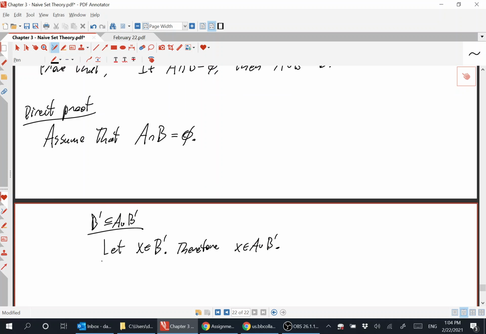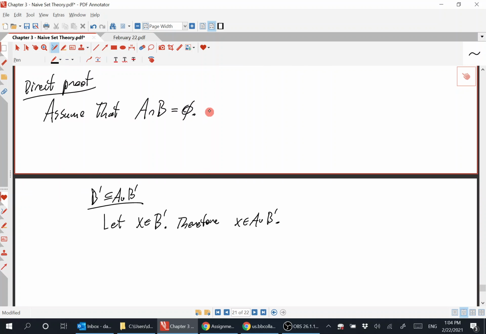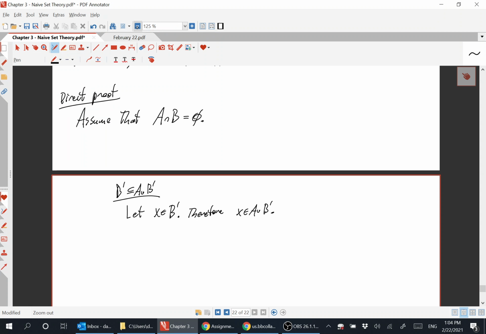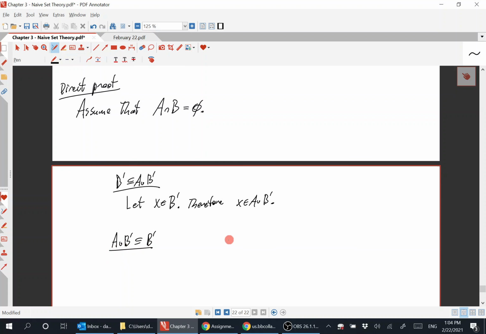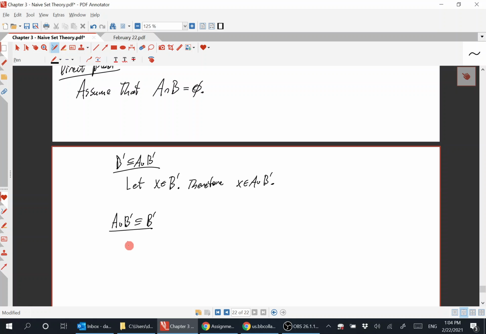All right, the other way around is a little more involved, a little more entertainment value. Let X be an element of A union B complement. So now we got to show that X is an element of B complement.